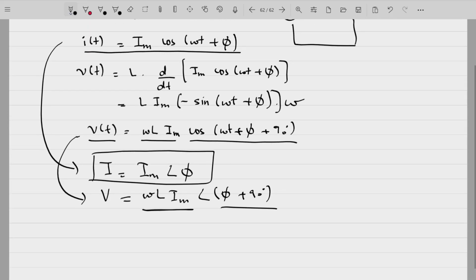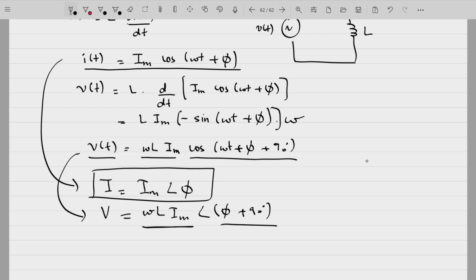So now if we were to plot the phasor diagram for V and I in this particular case, this is our XY plane, the complex plane. Again, taking voltage as the reference, let voltage be in this direction.